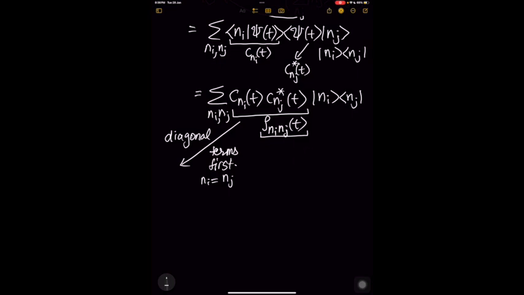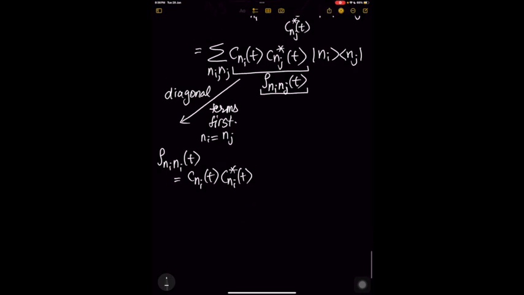So when you consider the diagonal term, rho n i of t would be equal to c n i of t, c n i star of t, which is just modulus c n i of t squared.